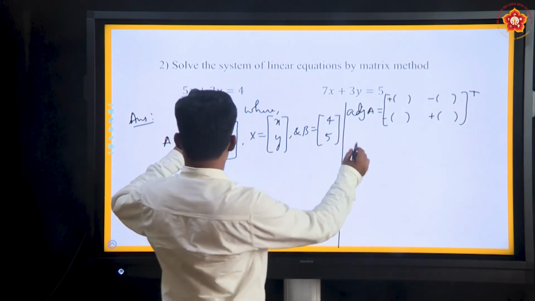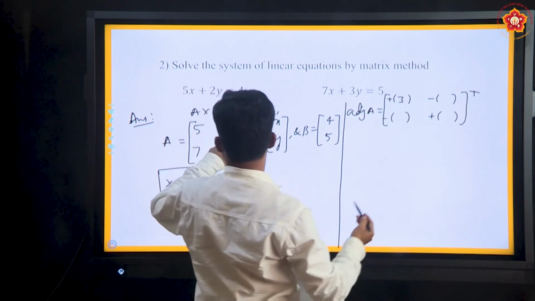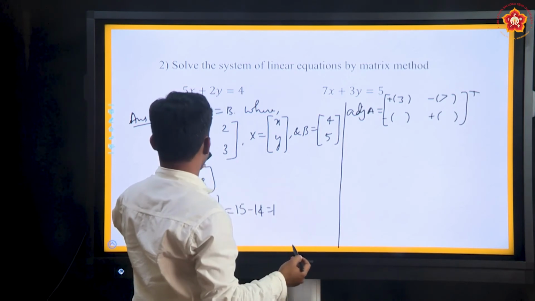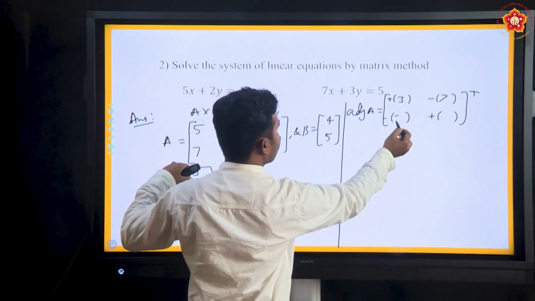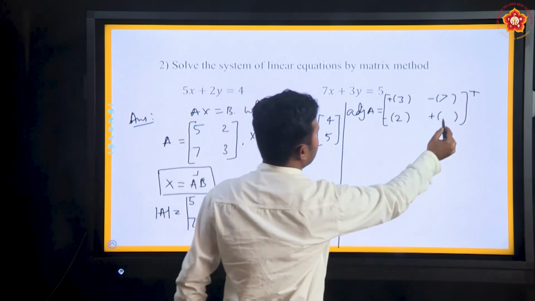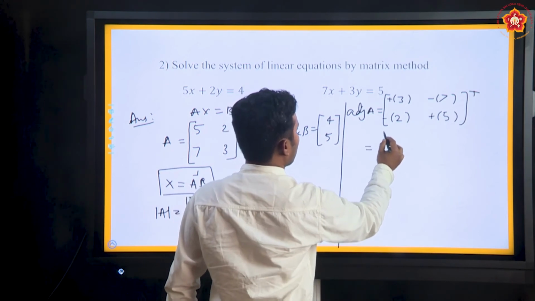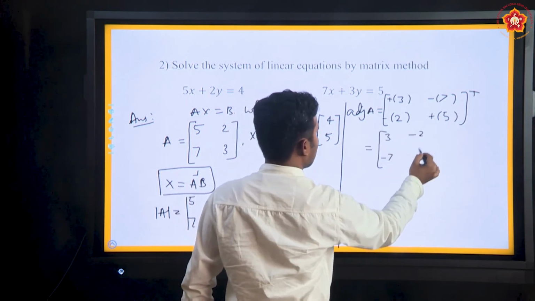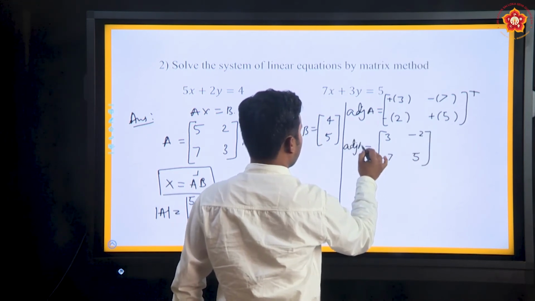So, delete first row first column, so 3, and delete first row second column, 7, and delete first column second row, so it will be 2 and it will be 5, okay. So, transpose becomes, adjoint A is now 3, minus 7, minus 2, 5. This is the adjoint of A, okay.